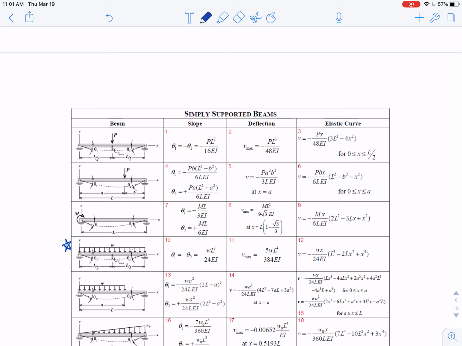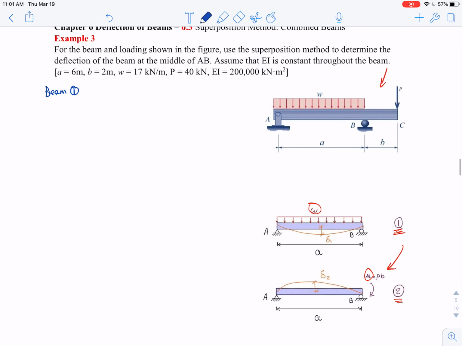To solve its deflection at the mid-span, we can use either equation 11 or equation 12 with x equals L over 2, at the half span of the beam. In this case, A over 2.